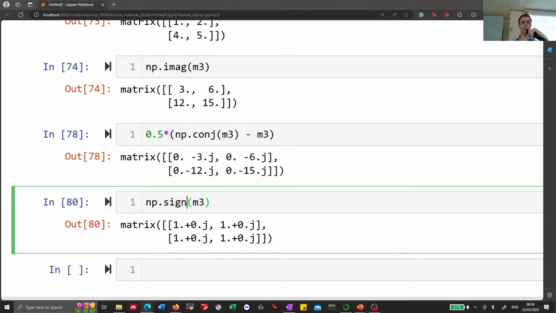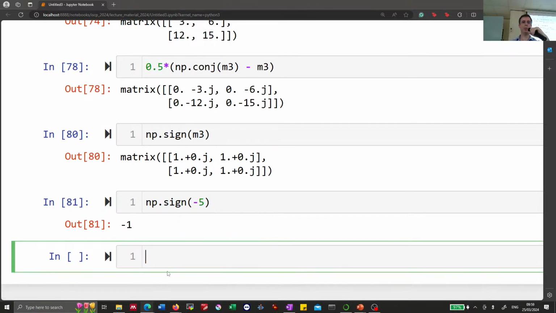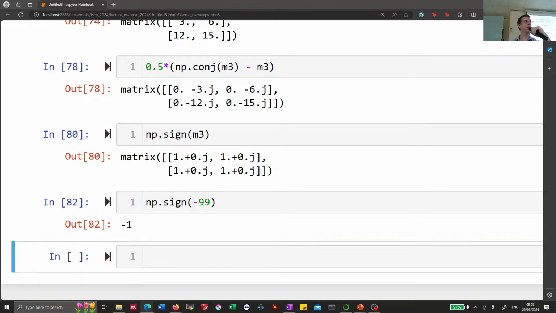It's different from the absolute in a way that numpy.sine minus 5 will tell you what? Will tell you minus 1 because it's negative. What will tell you minus 99? Minus 1 because it's still negative.